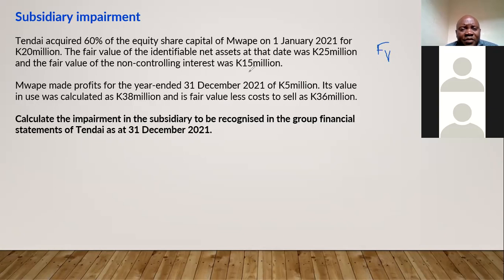The fair value of the identifiable net assets at that date was 25 million, and the fair value of the non-controlling interest was 15 million. So we have the NCI of 15 million, which gives us 35.